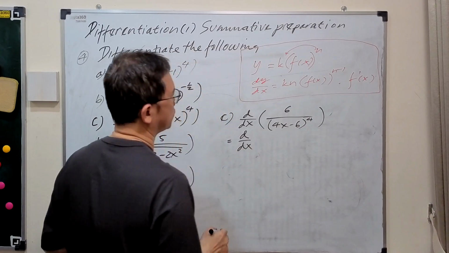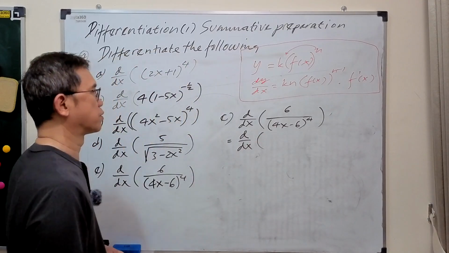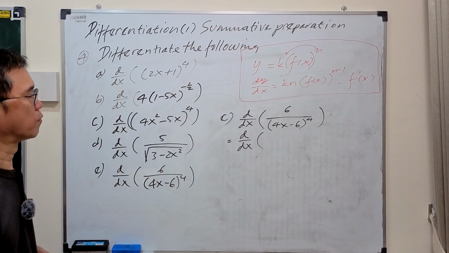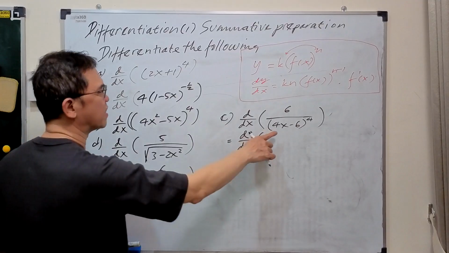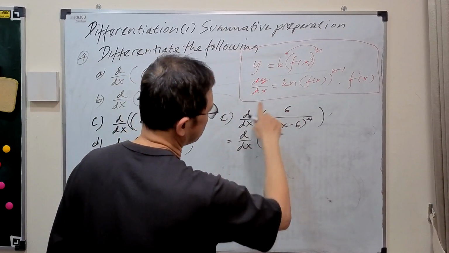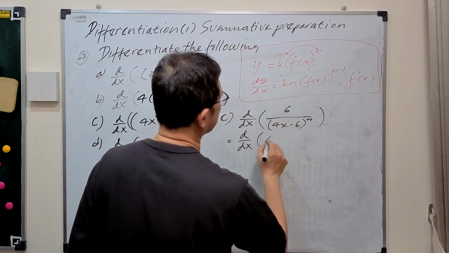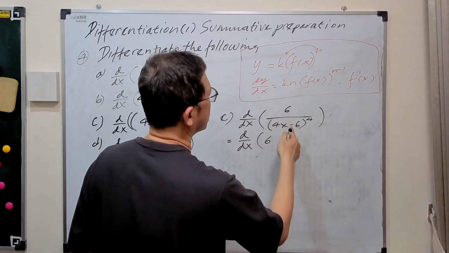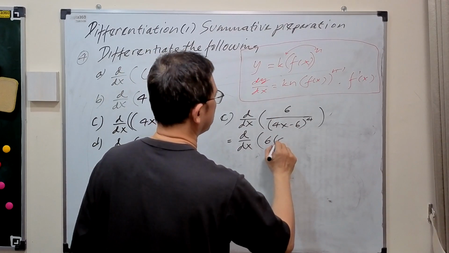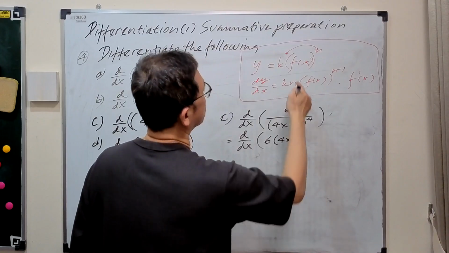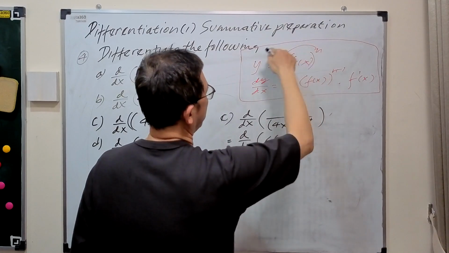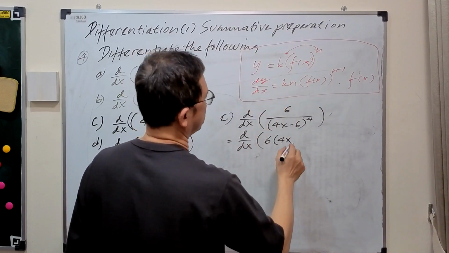Now, express this to the form where it's ready to be differentiated. This expression cannot be differentiated right away. So, remain the same 6. Here, the whole expression must be moved to the top. So you can express this to this form. If you get this form, now it's ready to be differentiated.